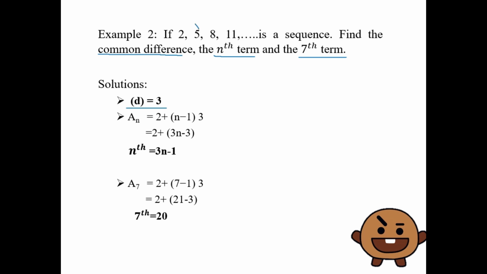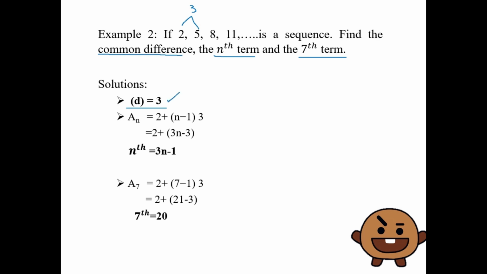Again, you operate your first term and your second term. That's 2. Is it plus or minus? And then that's equal to 5. Then we all know that 2 plus 3 is equal to 5. So our d here, your common difference, is equal to 3, and that is correct.